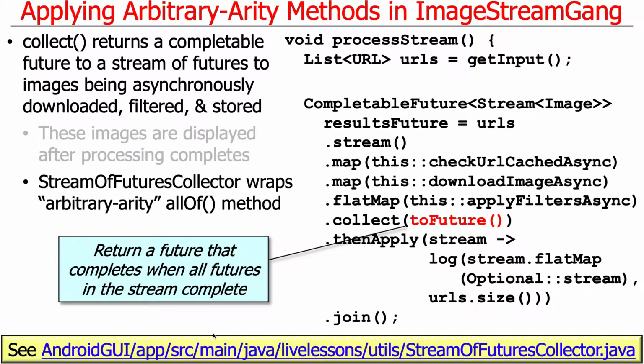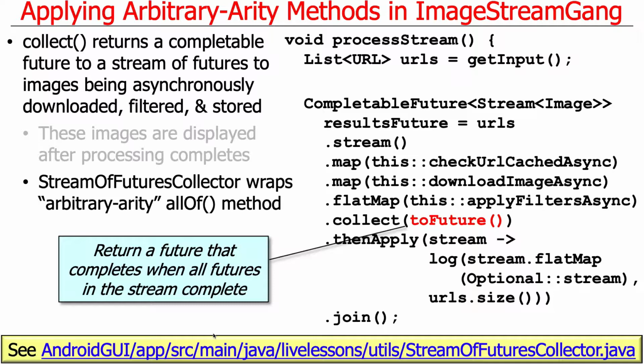We're going to use a really interesting variant of a collector called stream-of-futures collector, which is a revision to the earlier futures collector I showed you previously, which I should have called list-of-futures collector. And this is going to wrap the allOf method, which is that arbitrary-arity method that's available in completable futures.